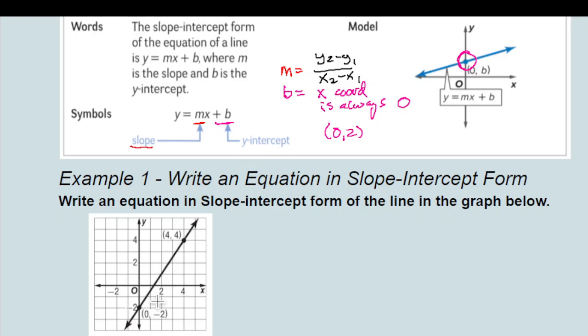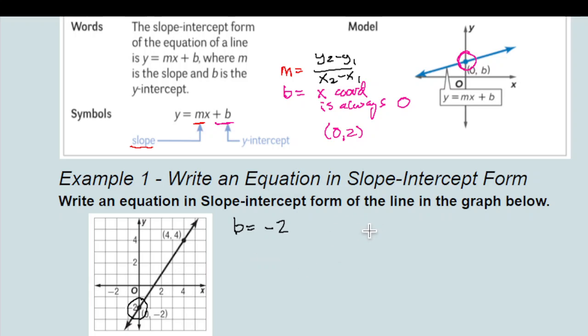So for this one, they're giving us 2 points, and one of the points is actually where it crosses the y-axis. So right off the bat, we're getting our y-intercept. So we would say our y-intercept is -2, all right? Because it's the point 0, -2, right? And that's right here. So you use this number right here, or you can just look at the graph and see where it goes through.